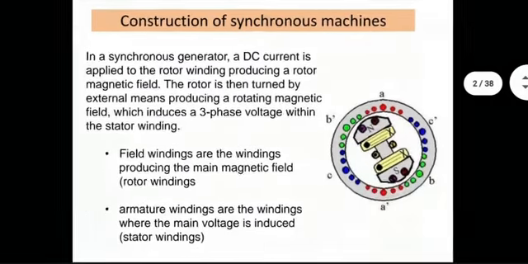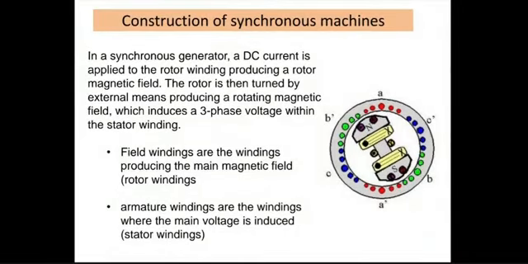I have already spoken a bit about the construction of a synchronous machine, which means a synchronous generator or a synchronous motor. Generally, we have field poles rotating and armature coils stationary.